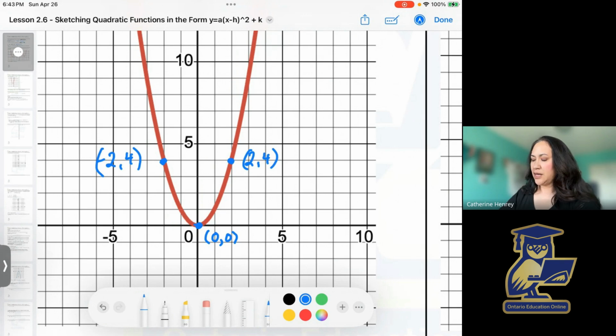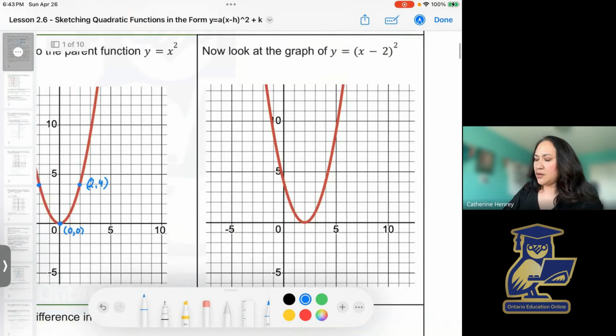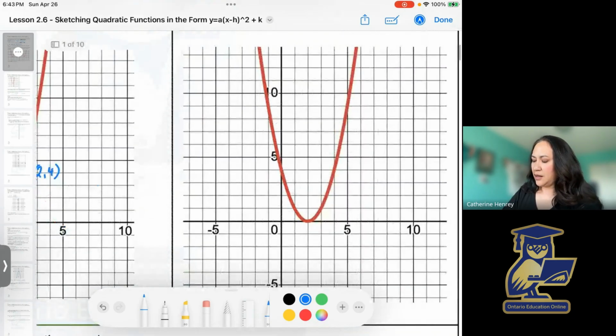Now let's go ahead and take a look at the graph of y equals, in brackets, x minus 2 squared. Let's just say I use a table of values, or I just use Desmos. Let's take a look at the characteristics here. Now the vertex has moved over, and we are at a vertex of (2, 0).